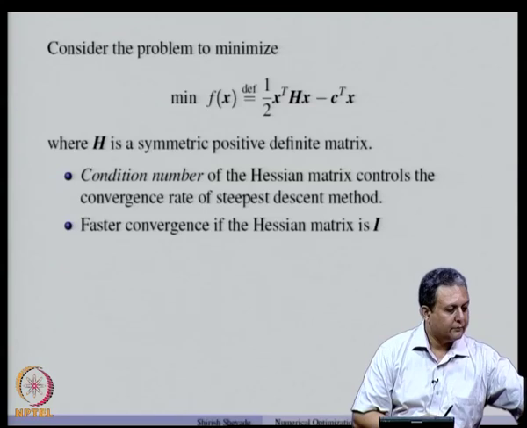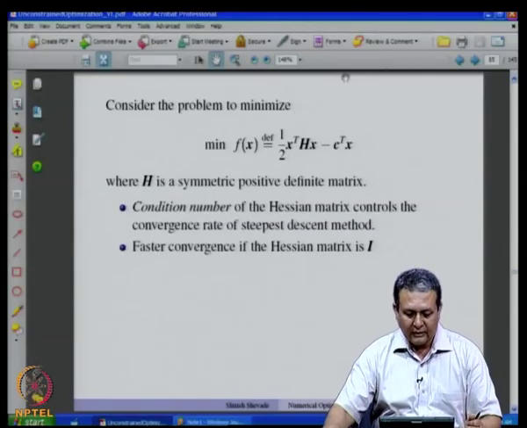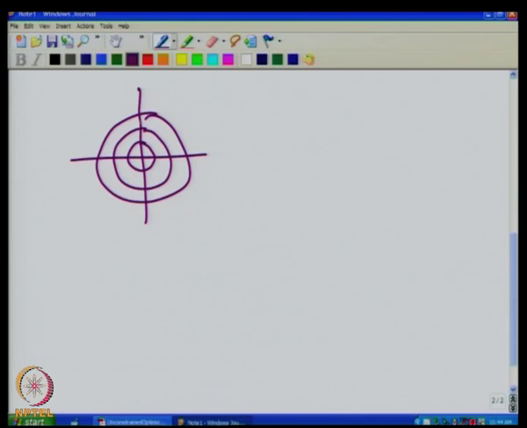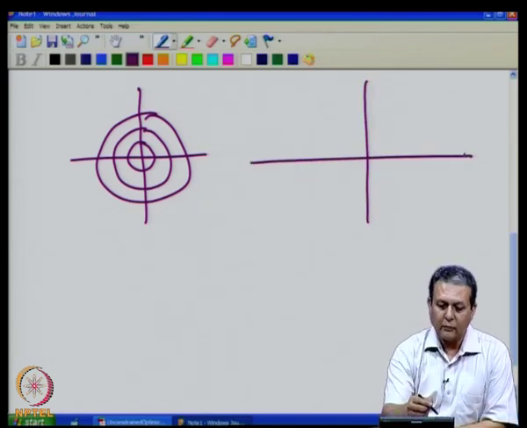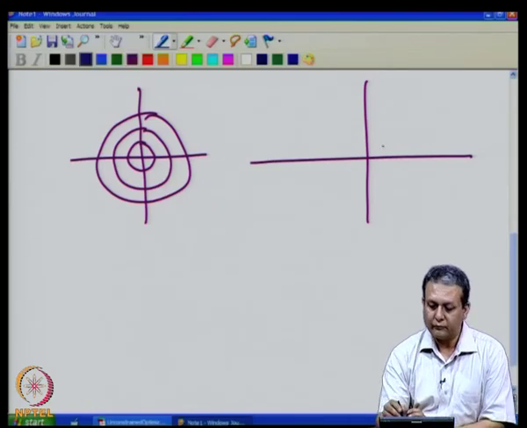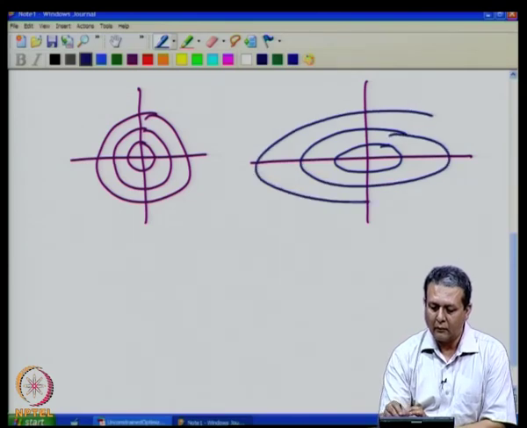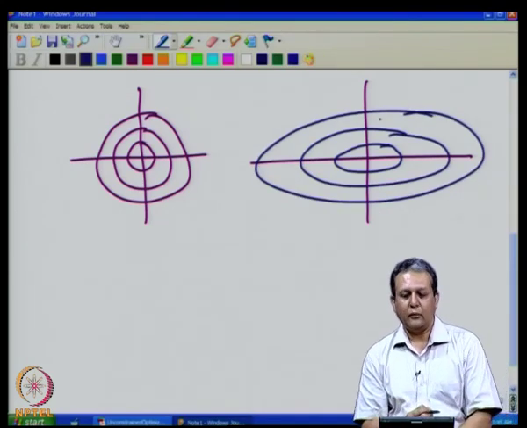So, let us consider a simple case. In the first case we had circular contours, and in the second case suppose we have elliptical contours.